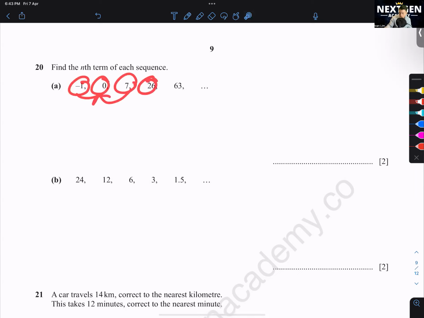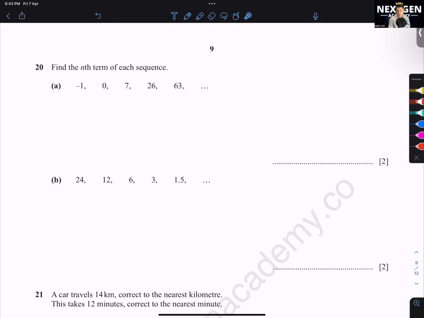So I will multiply by a certain value. You see how to change -1 to 0? This one is times 0, so cannot times 0. So if arithmetic and geometric don't work, then think about quadratic, think about cubic.